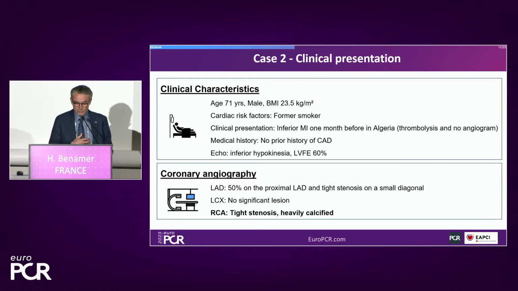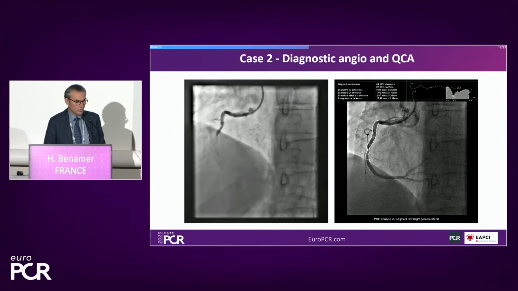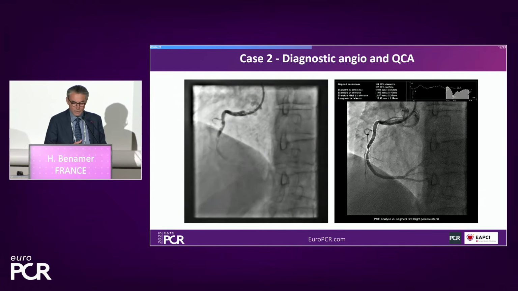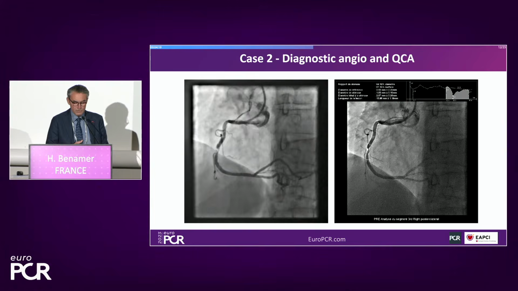No history of coronary artery disease before. He came with a good left ventricular function with only a small hypokinesia on the inferior wall. The coronary angiogram showed only a plaque on the LAD and a tight stenosis on the right coronary artery. So he was referred for the angiogram and to perform the angioplasty.